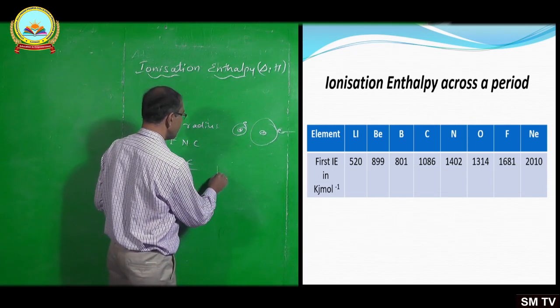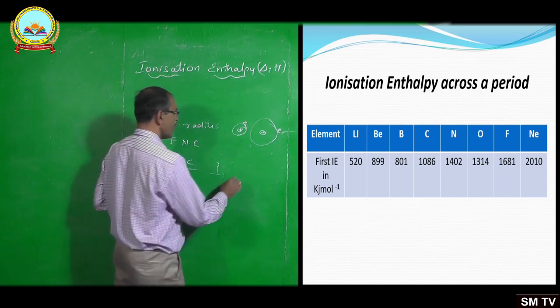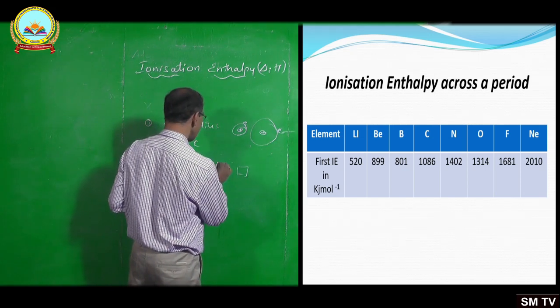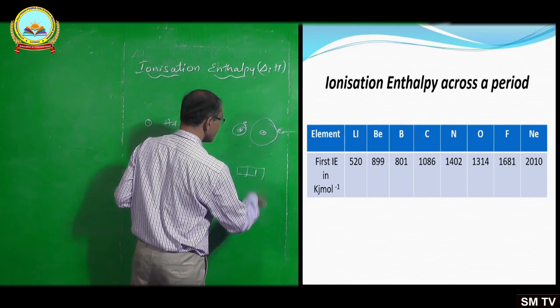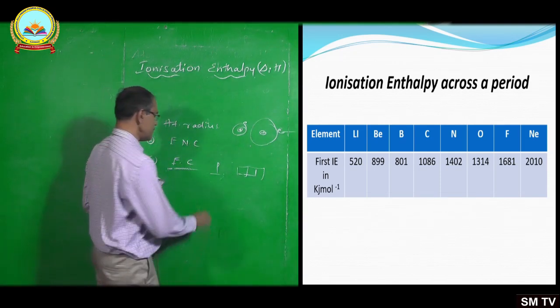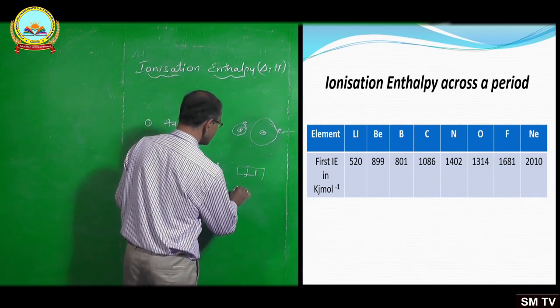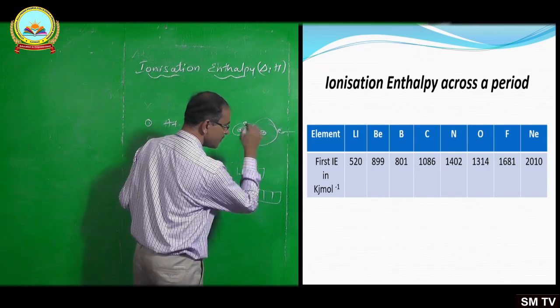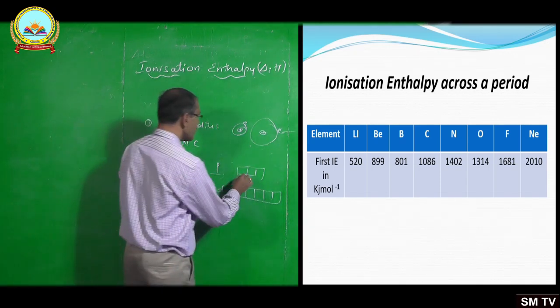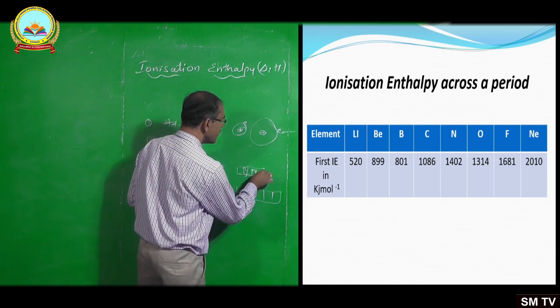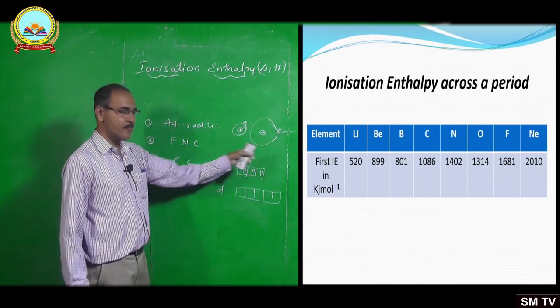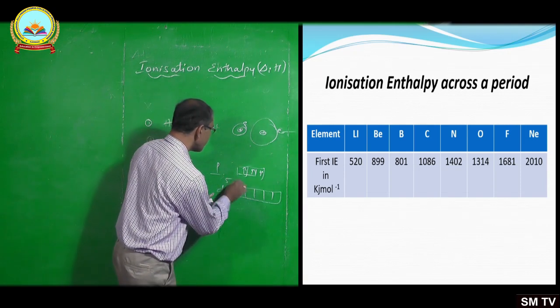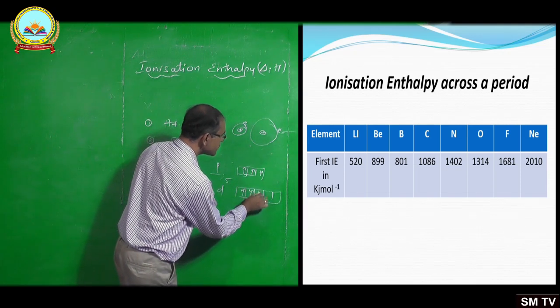In case of p subshells, you have 3 orbitals. In a d subshell, there are 5 d orbitals, right? If these are singly occupied, p3 configuration, half filled, d5 configuration, that is half filled.